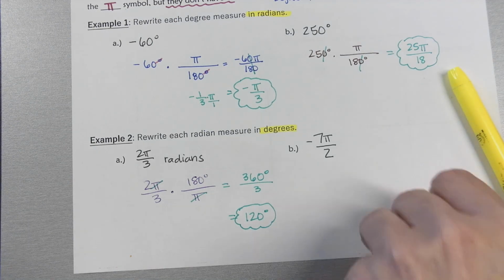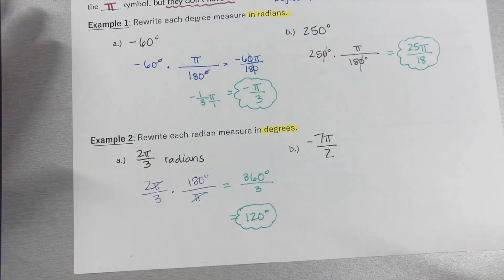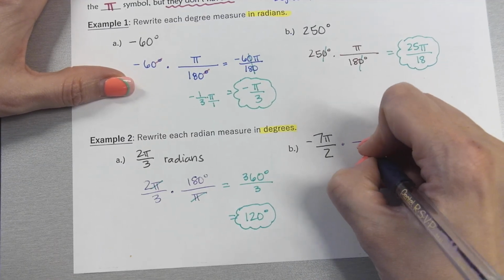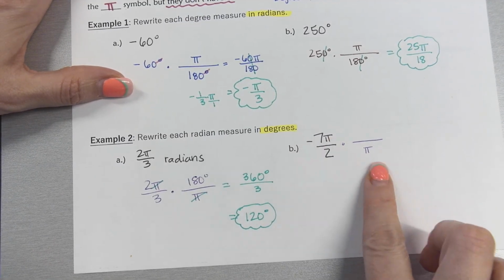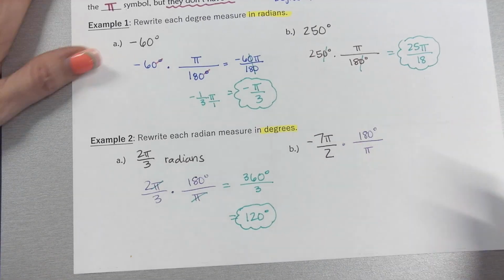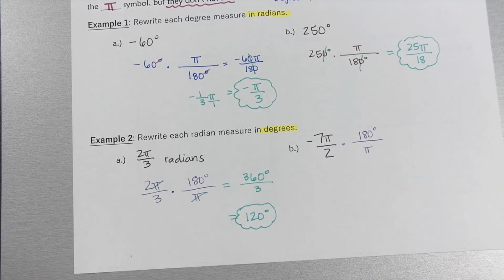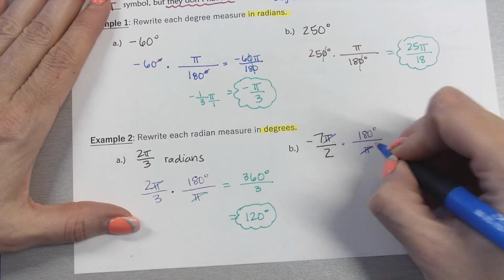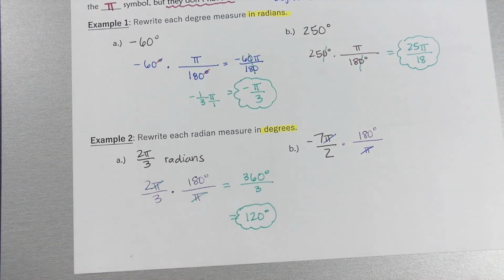Alright, and then we have negative 7 pi over 2. So we're going to multiply that. Again, you'll see I always write the bottom number first, and that's because when I'm doing this, I'm thinking, what do I want to cancel? So if I want the pi's to cancel, the pi has to go on the bottom. Now, I don't want to do 7 times 18.